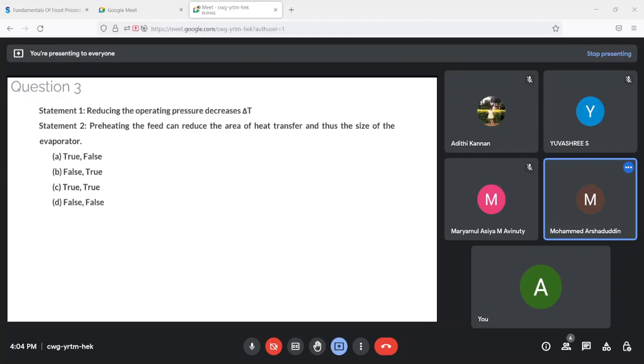What about the second statement? Any other answers?